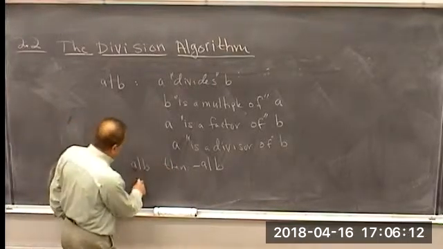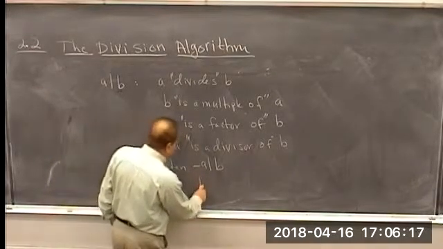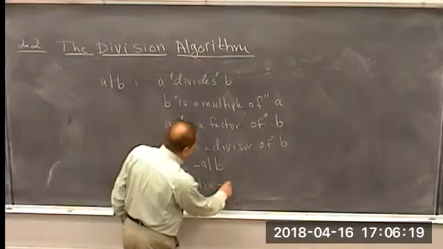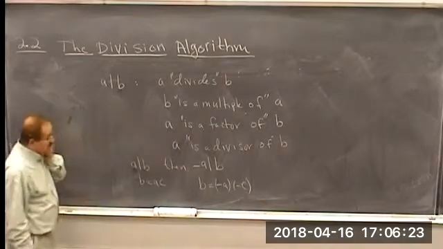And this is, of course, true because this means B is equal to AC, and in here, B is equal to negative A times negative C, all right? It gives you the same thing, right?